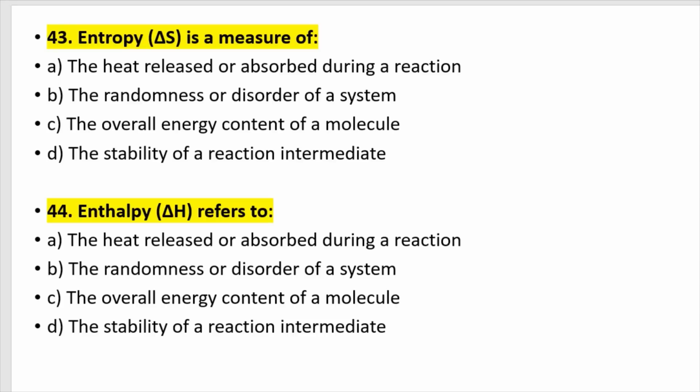No, that's enthalpy. Entropy is the randomness or disorder of a system. That's what we call entropy. So when we say you are full of entropy, we're saying that you are disorderly. Enthalpy refers to, okay, we looked at this already, which is the heat released or absorbed during a reaction.